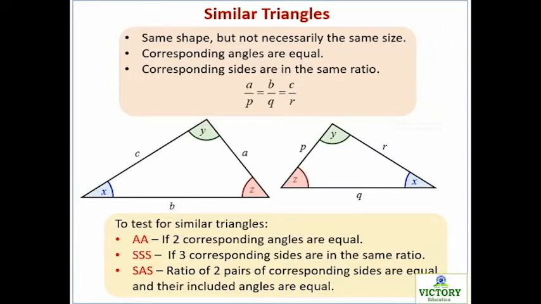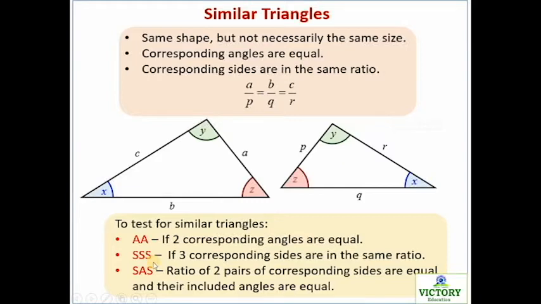So you can write A/P = B/Q = C/R if you identify these two triangles as similar. How do you identify that two triangles are similar? The first rule is the AA rule, which means that if two angles of the triangles are equal, then the third angle by default is also the same. Then you can call both triangles similar.